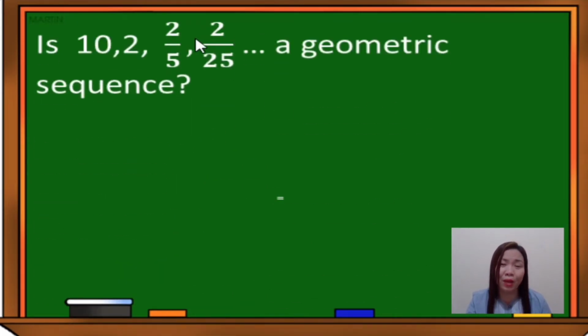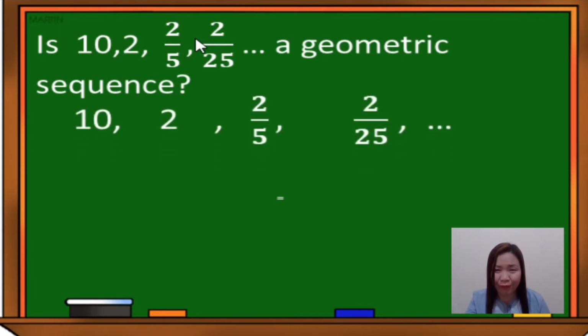This example includes a fraction, so we will review your knowledge regarding fractions. The example we have is 10, 2 over 5, 2 over 25. We are going to write the numerator 2 over 25 over 2 over 5.